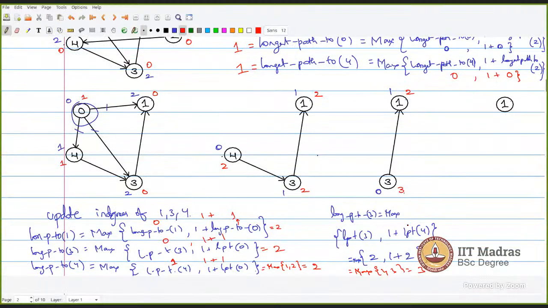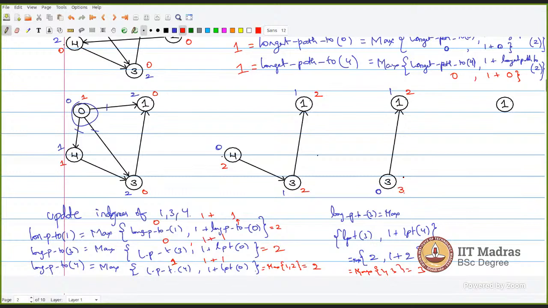We choose max because this particular longest path value denotes that in order to reach this particular vertex 3, I should take 2 edges. That is what this number said previously. But after updating, this number 3 denotes that in order to reach vertex 3, I can travel from one vertex through 3 edges and reach 3.